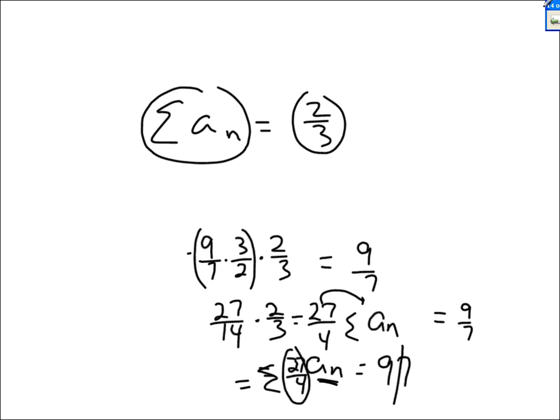Once you have a series that converges to something other than 0, because you can't multiply 0 by anything to get 11, for example, you can get any other value. I got one that gets to 2/3. Now I can get it to be 9/7 by multiplying every term by 27 over 14.